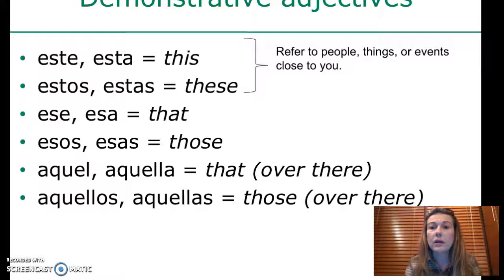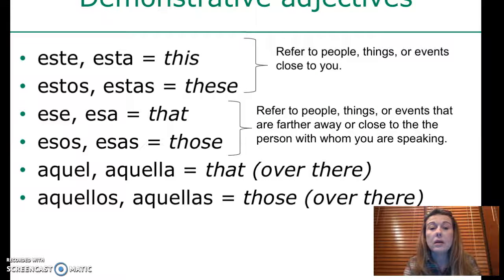Okay, so clase, this and these are going to refer to people or things or even events. You can do this about time that are close to you as the speaker. That and those, right? The ese, esa, esos, and esas refer to people or things, events that are farther away or they're closer to the person that you're speaking with.